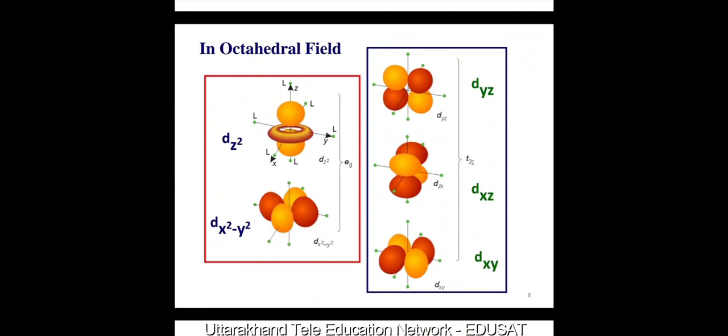Now we will see the crystal field splitting in an octahedral complex. In an octahedral complex, the coordination number is 6, the metal ion is at the center and the ligands occupy the six corners of the octahedron.